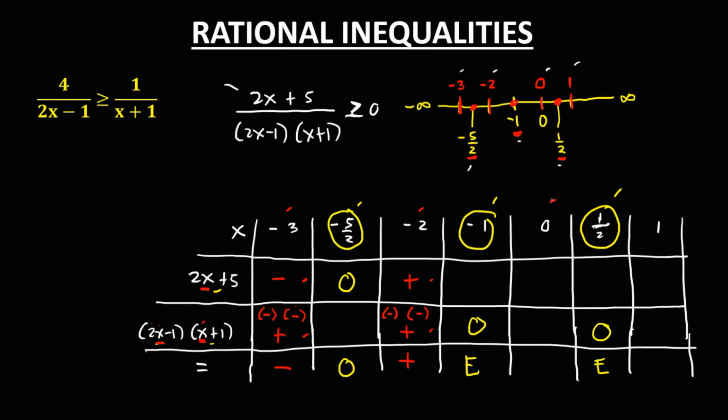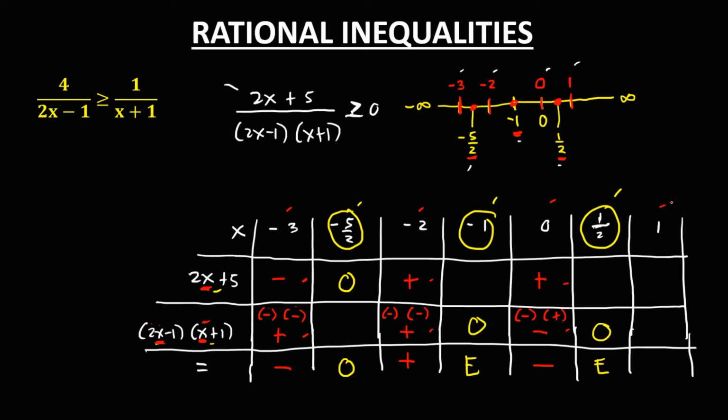Then for x equals 0, this one is +5, so positive. Then for x is 0, this becomes -1, so this one is negative. And for x is 0, this becomes +1, so that's positive. And negative times positive, this one is negative. Then positive divided by negative, not the same sign, that's negative.